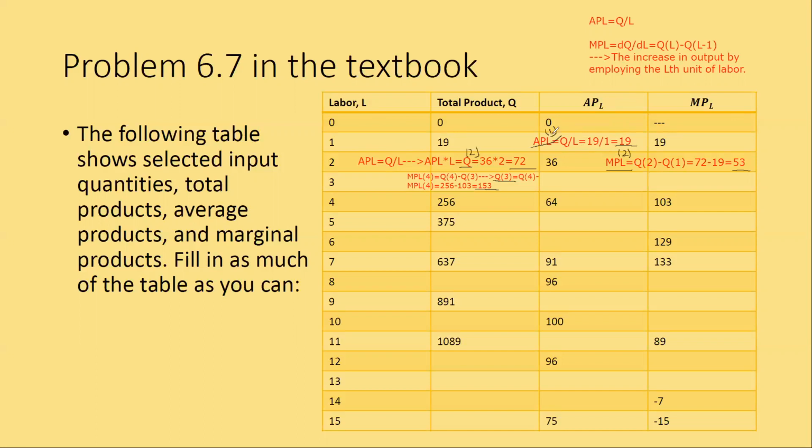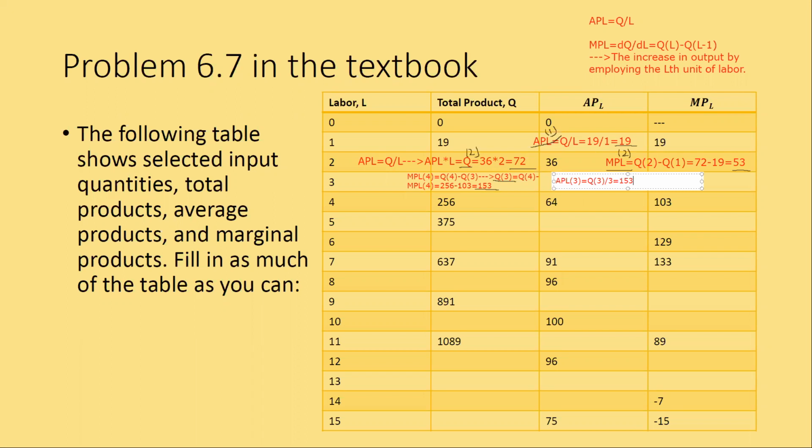All right, so this Q3 equals 153 is a little bit tricky, but we also solved it. Now with this, we can easily calculate our APL3, and this is Q3 divided by 3.